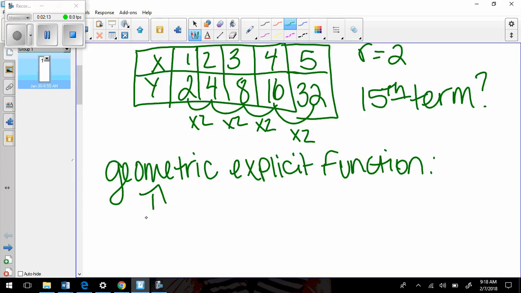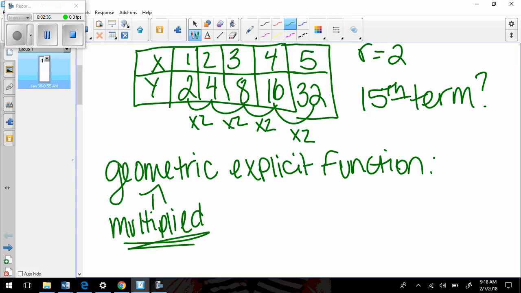Geometric right here simply means that it's being multiplied. So if the pattern is not being multiplied, we cannot use geometric. Geometric is only for multiplication, whenever that common rate or difference is being multiplied. So what we can do here is use our geometric sequence.